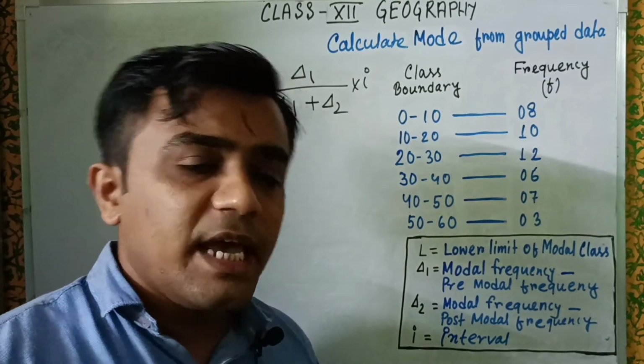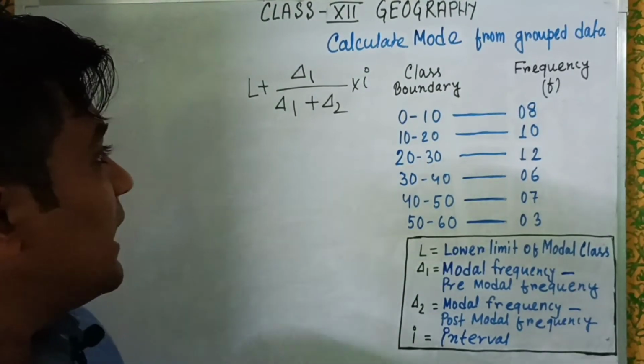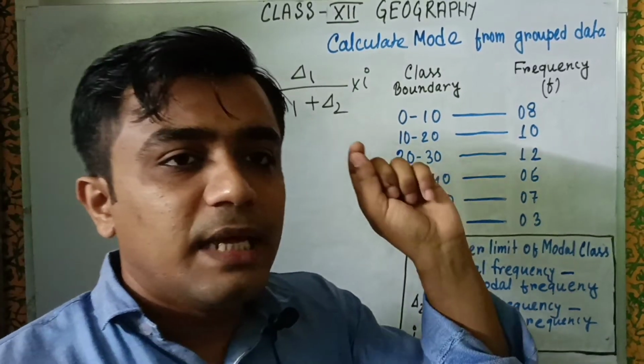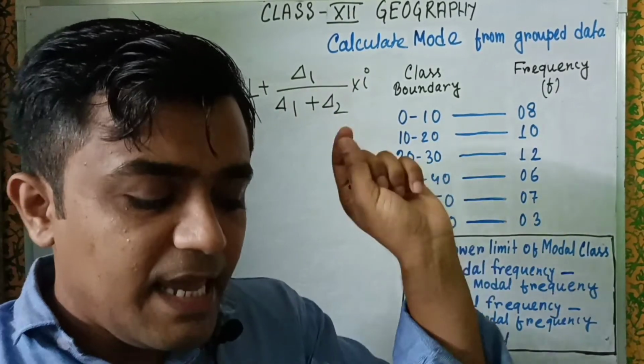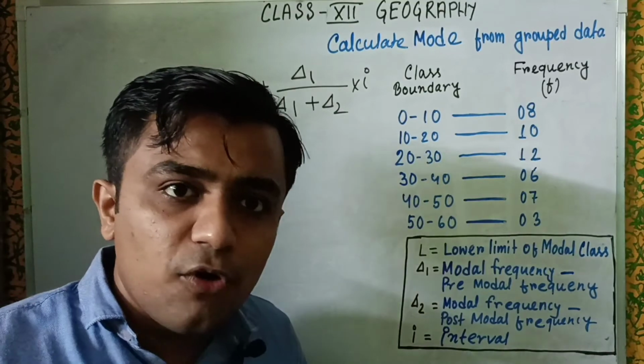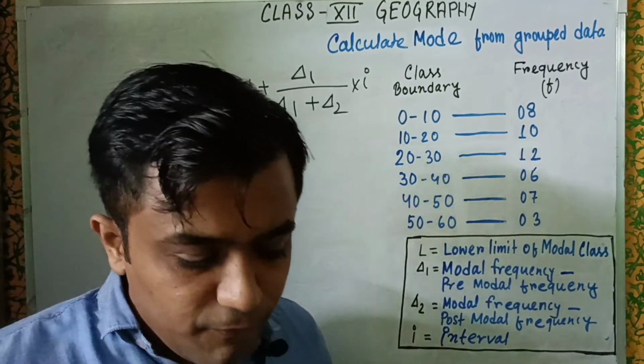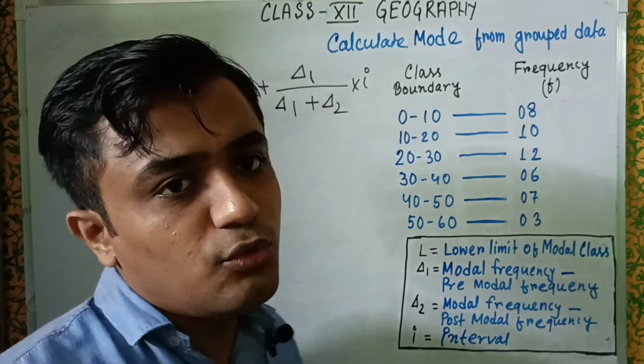You can use any one formula, either this one or the earlier one: L plus (F1 minus F0) divided by (2F1 minus F0 minus F2), into I.